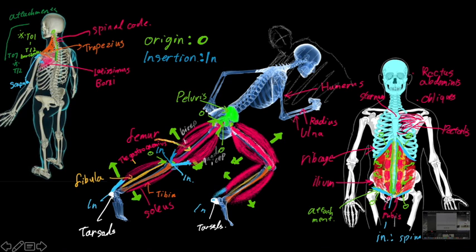Those connected to the pubis also work as an insertion. And then the clavicle is also connected to the final rib cage, and this muscle is connected to the abdominis. So there's no origin point.